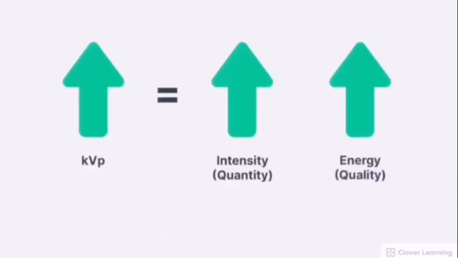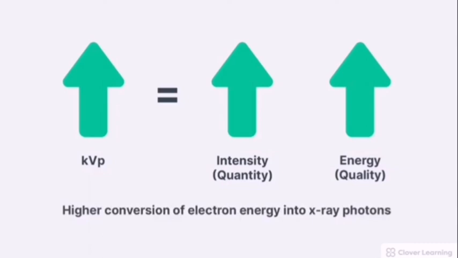kVp is the controlling factor for the energy of the X-ray beam, but it also has a significant influence on the quantity or intensity of the X-ray beam. This is primarily because higher kVp causes a higher percentage of electron energy to be converted into X-ray photons.